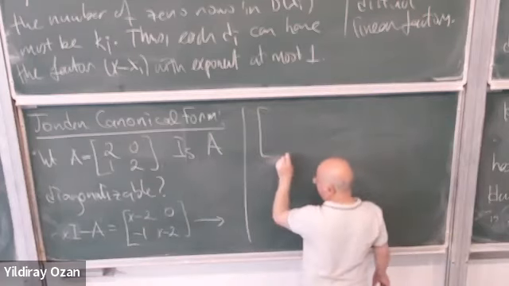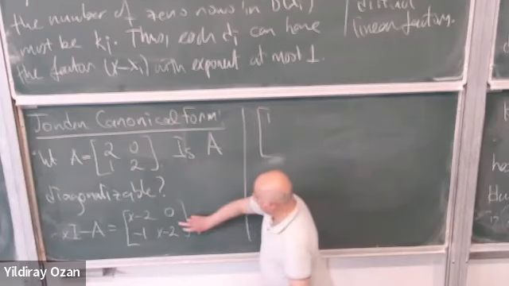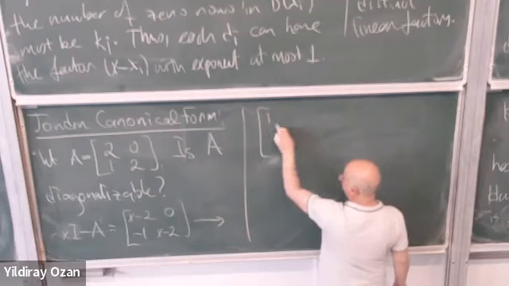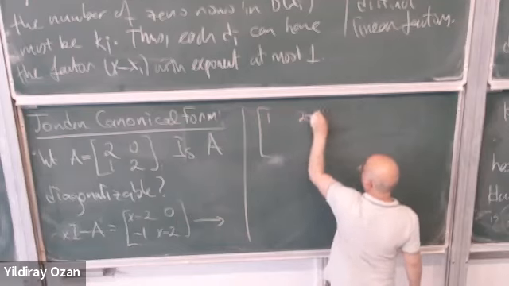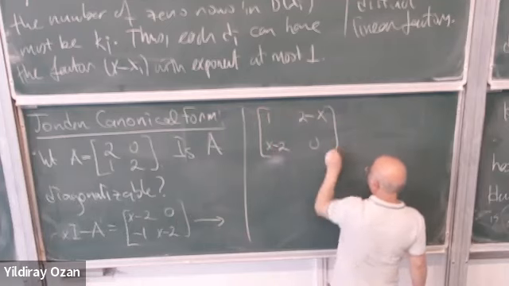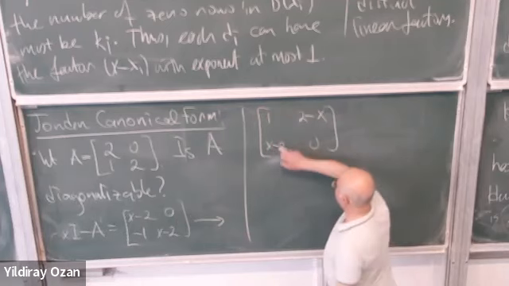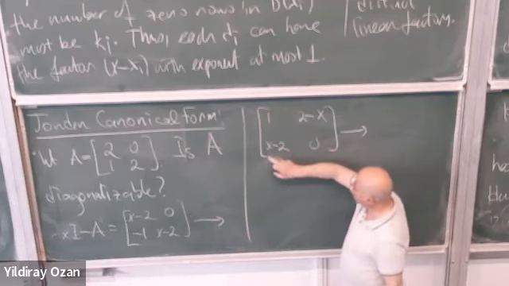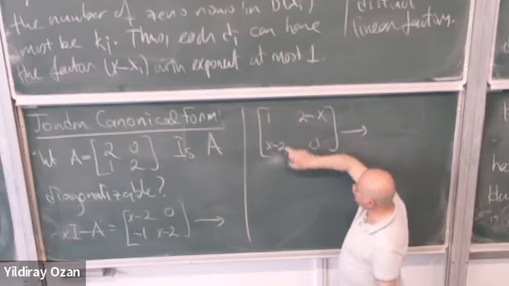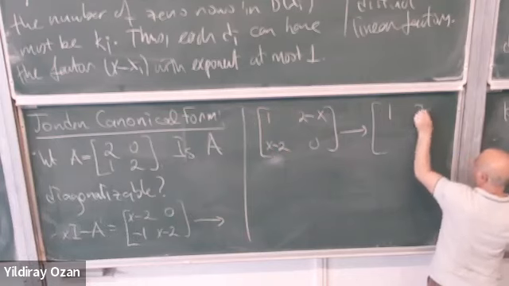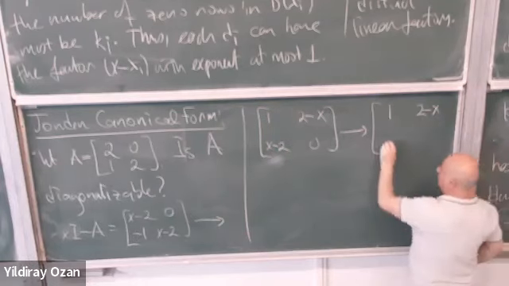But let me just first interchange the rows and multiply with minus 1. So I get this, x minus 2 and 0. And then to kill this guy, let me multiply this row by minus x minus 2 and add to this one. So I have 1 and 2 minus x.